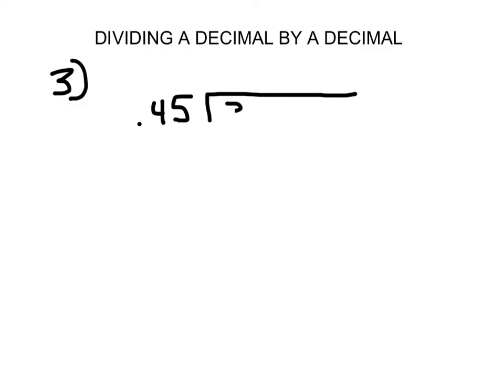Let's start problem number 3. Dividing a decimal by a decimal. In this case, the first thing to do will be move this decimal point 2 spaces, so we also move this one 2 spaces.